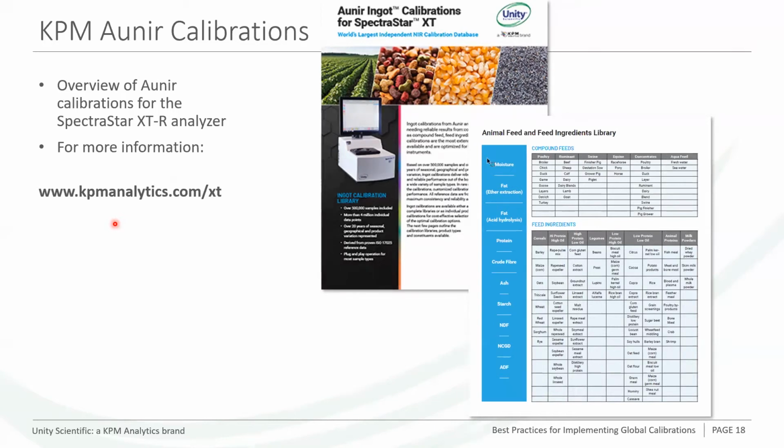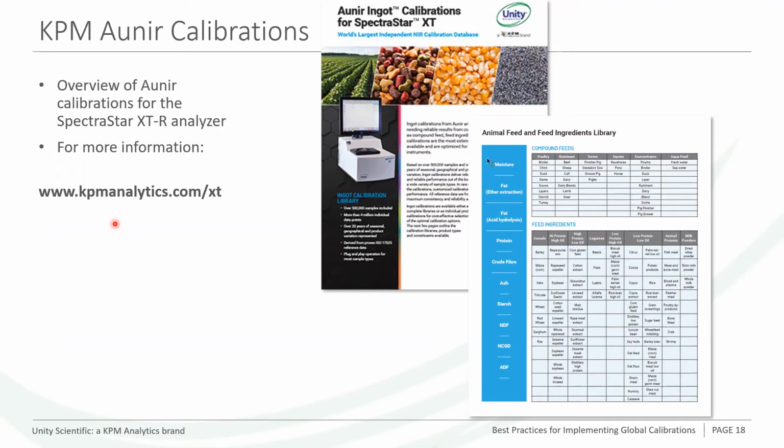It will list the calibration database. I think Melanie has put the URL for this PDF in the chat. The direct link is in the chat, so if you just wanted to download it and go straight to that data sheet, it is available there.